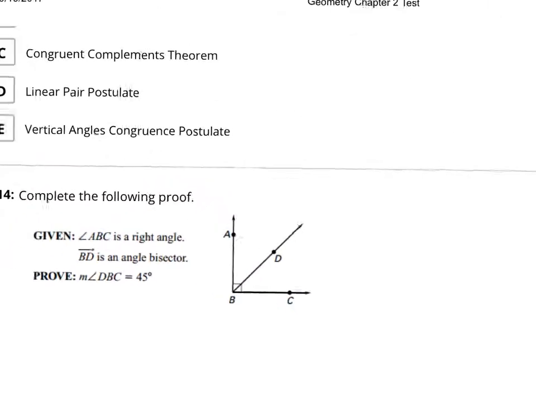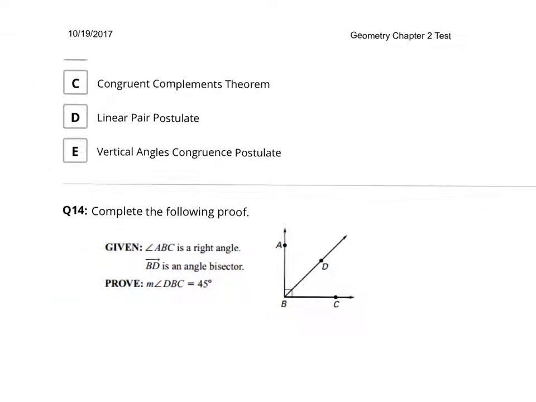We got a few more. Congruent complements, linear pair, or vertical angles. Okay? Or does it mean congruent complements, meaning they add up to 90? Linear pair postulates, meaning together they make a 180? Or are they vertical angles? That's number 13.